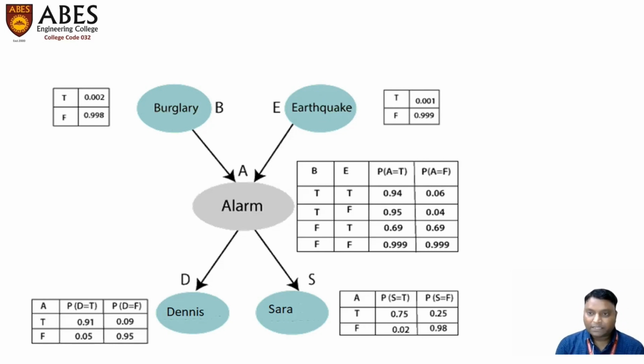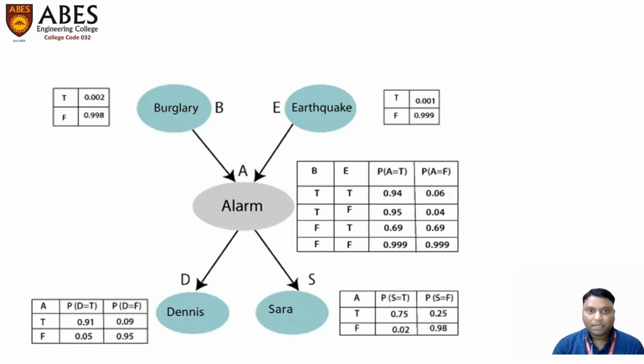And last point, in a CPT, a Boolean variable with k Boolean parents contains 2 to the power k probabilities. Hence, if there are 2 parents, then the CPT will contain 4 probability values. Got it?